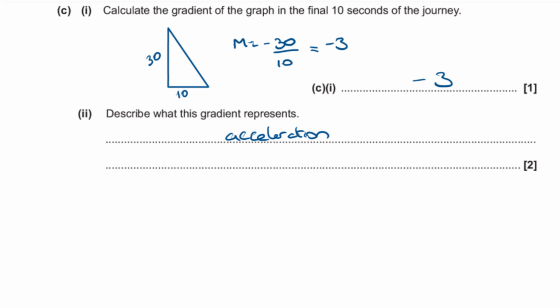So 2 marks though. Can't just be 2 marks for one word, surely. Well, what else might they want us to state? Well, we know it's acceleration. What about the units? So it's acceleration in meters per second squared, or ms to the -2. So it represents acceleration in meters per second squared.